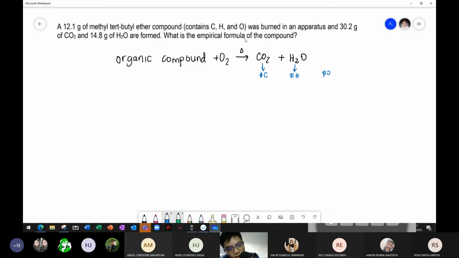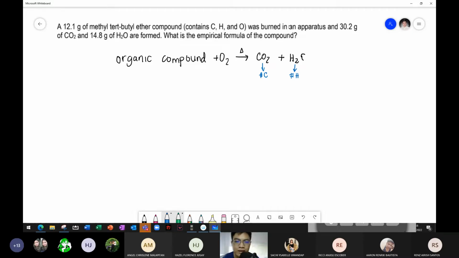So, how will I know the oxygen, you may ask. Carbon and hydrogen are easy. You convert your CO2 to carbon, and H2O to hydrogen. But how about the oxygen? We will find a way, which I will show you later.